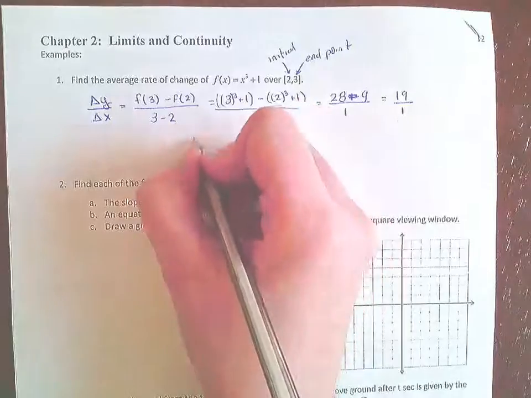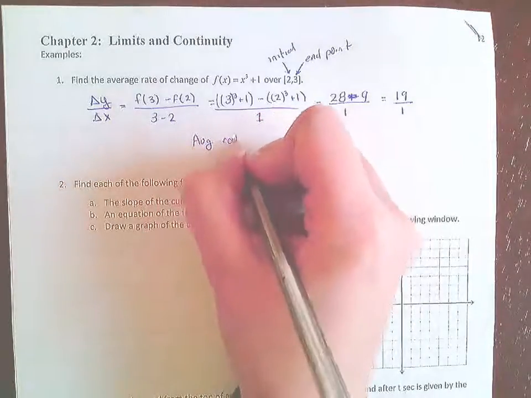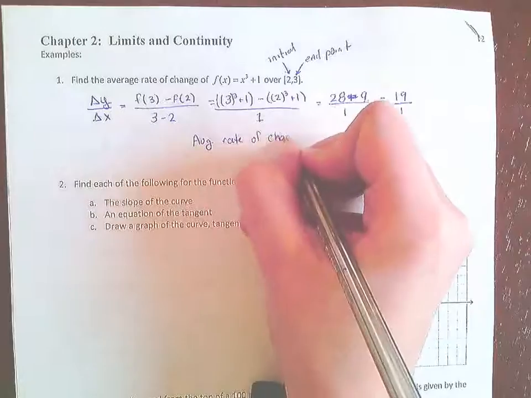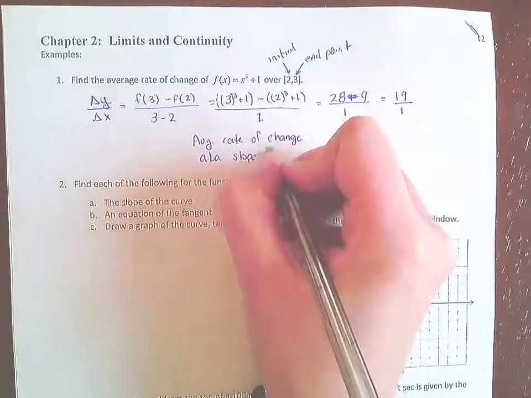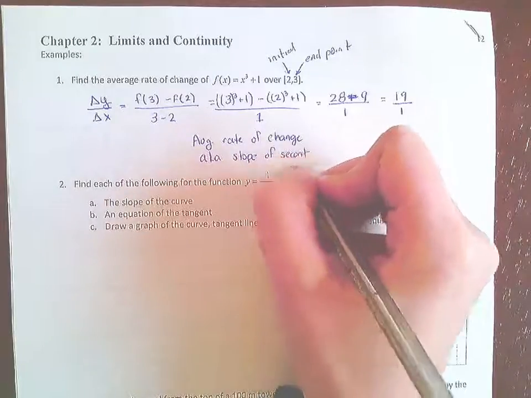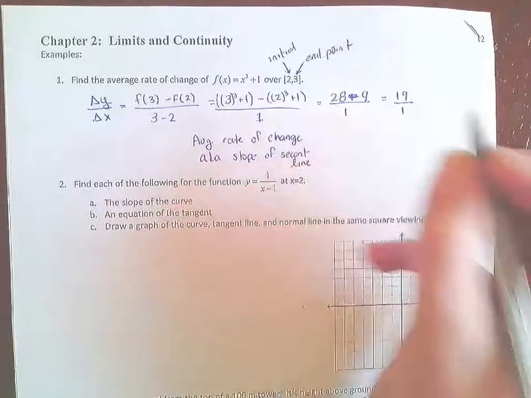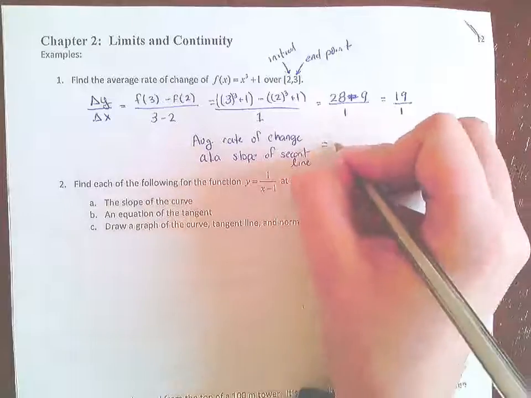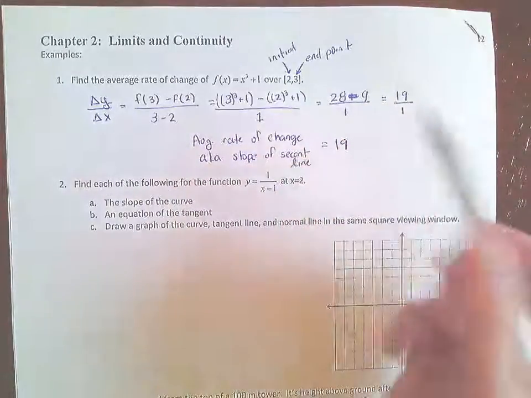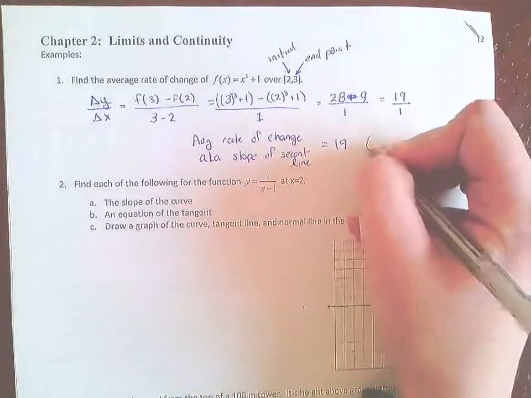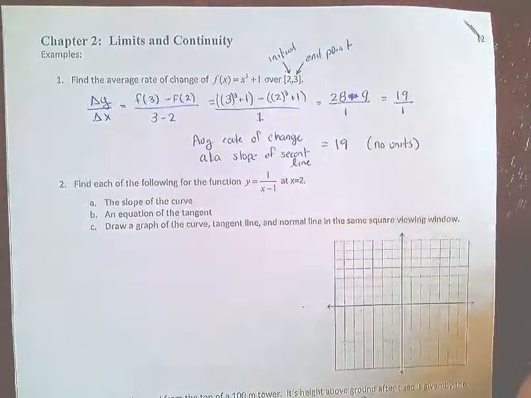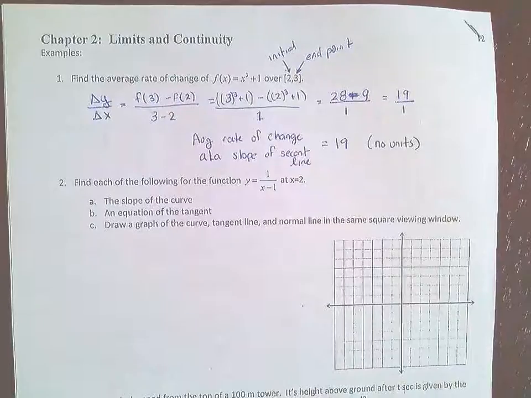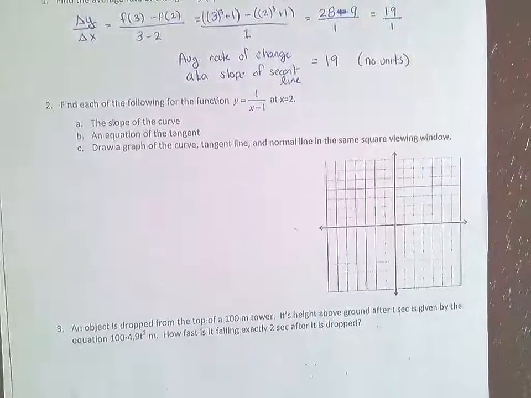So the average rate of change, aka the slope of the secant line of that curve, is 19. Now in this specific problem, there's no units because it's not a word problem, so don't worry about the units. Okay?